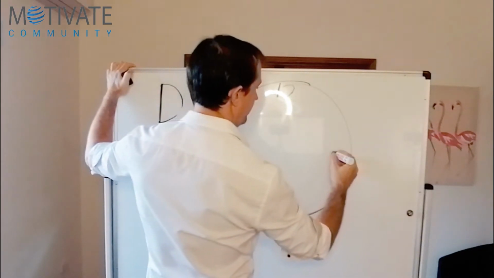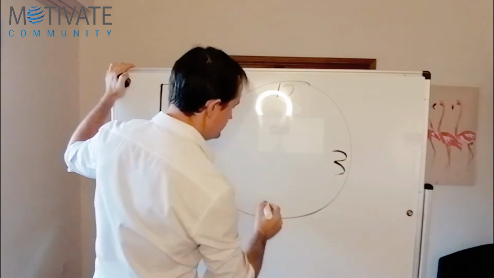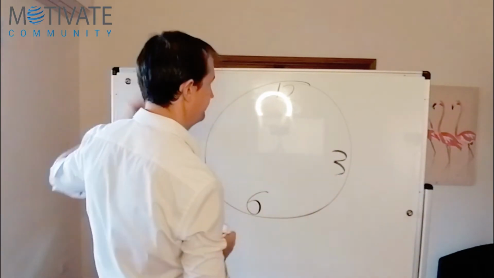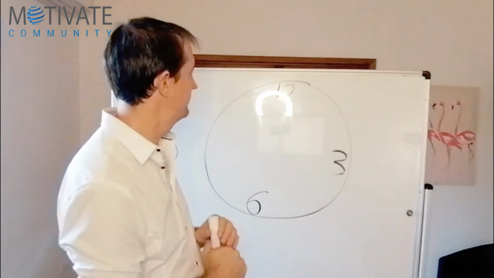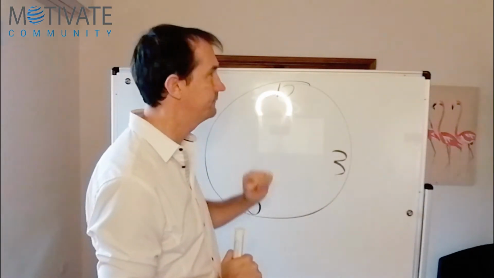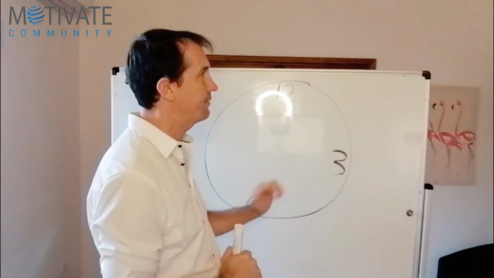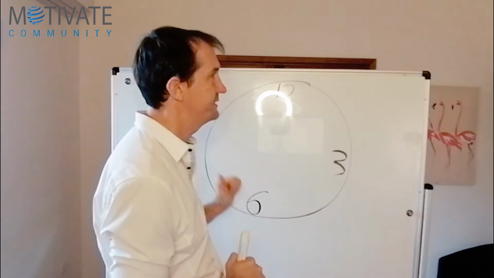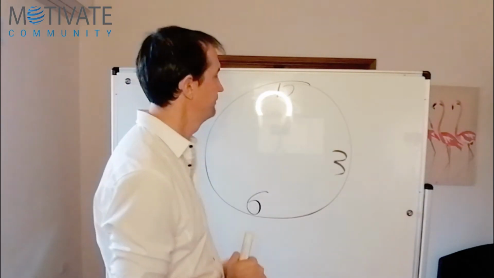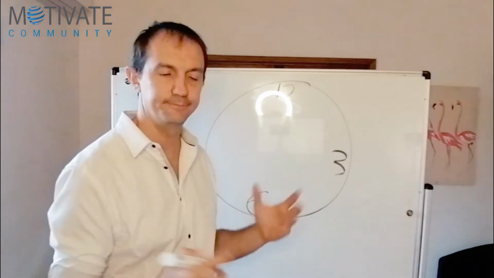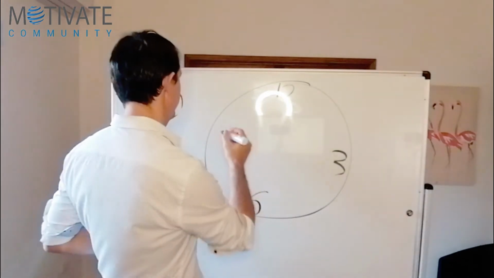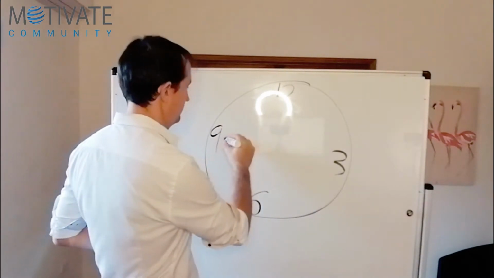On the right you've got the number 3, and at the bottom you've got the number 6. It's a circle. What number do you think is on the far left? 9. It's a clock.